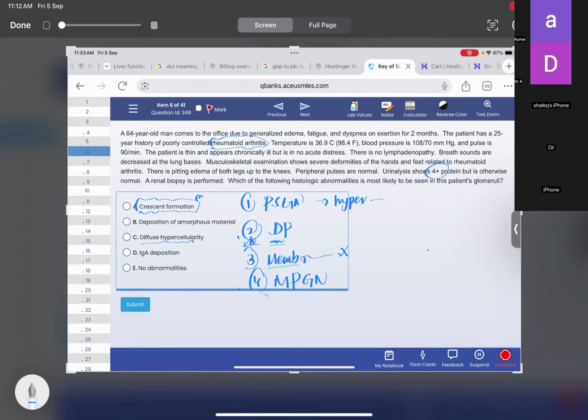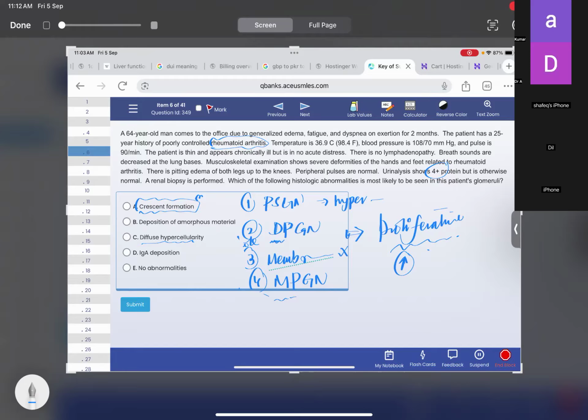Cellularity will be represented by the name which will say proliferative. Whenever we see proliferative, the cells are increased. So MPGN also, membranoproliferative, proliferative.